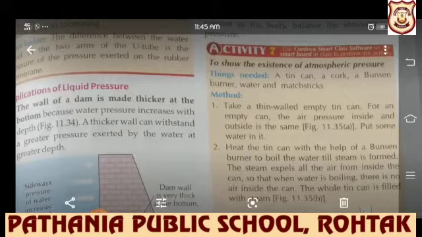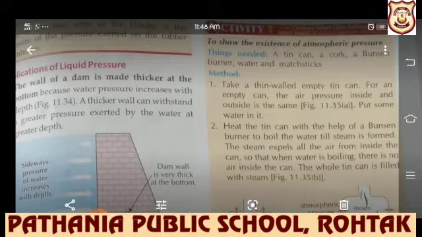Take a thin walled empty tin can. For an empty tin can, the air pressure inside and outside is the same because there is no liquid inside it, it is empty. Put some water in it. Now you have to heat the tin can with the help of a Bunsen burner to boil the water till steam is formed.